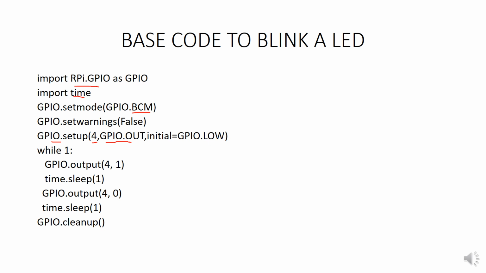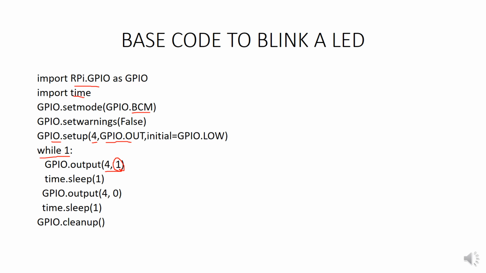Then I am creating a while loop because I want the LED to blink infinitely. This command GPIO.output of 4, 1 will set the GPIO to high, and this will turn on the LED.